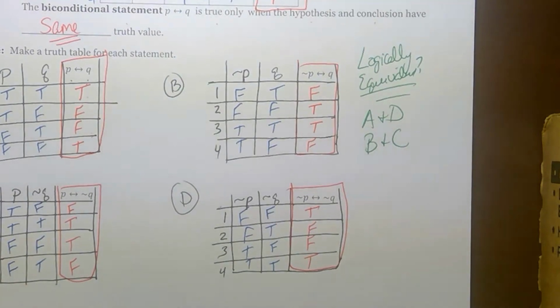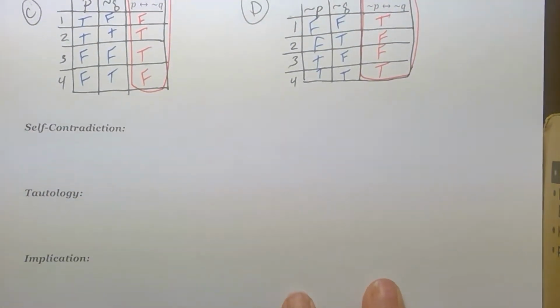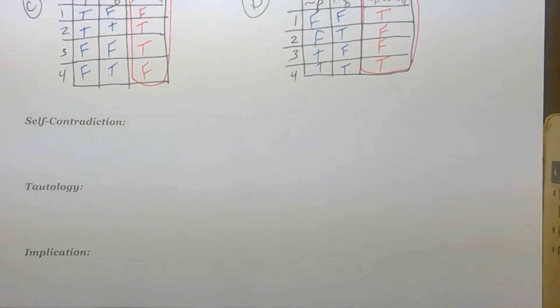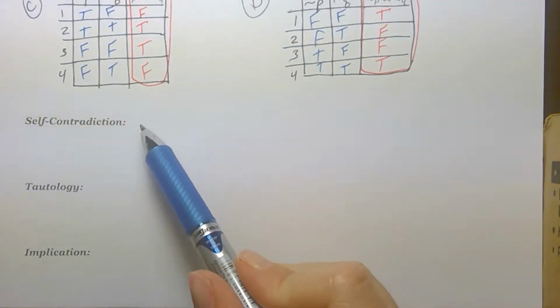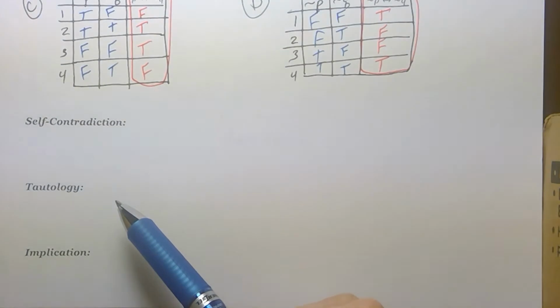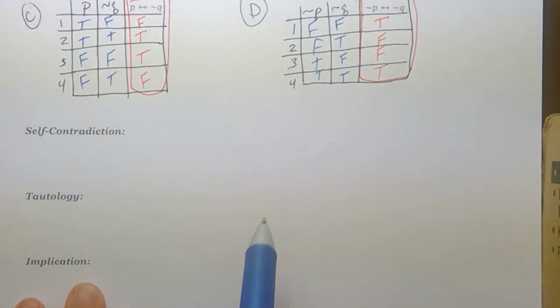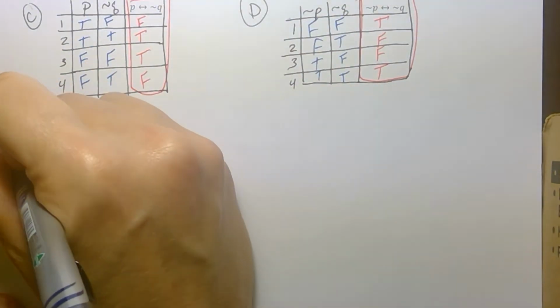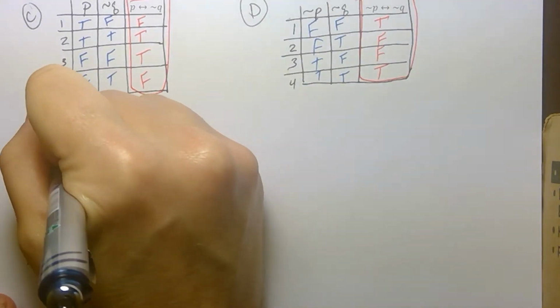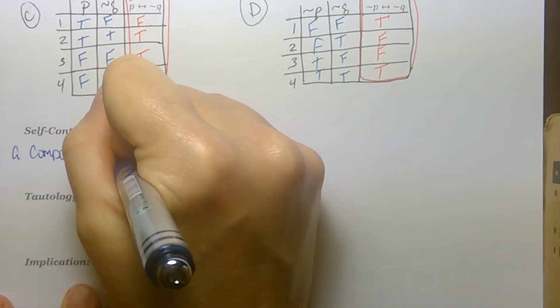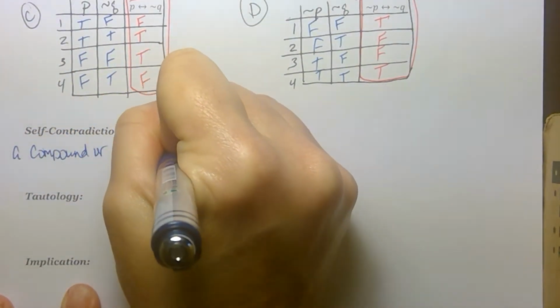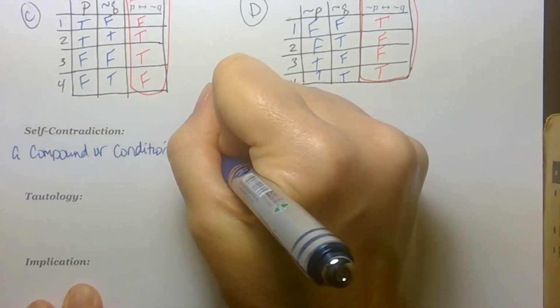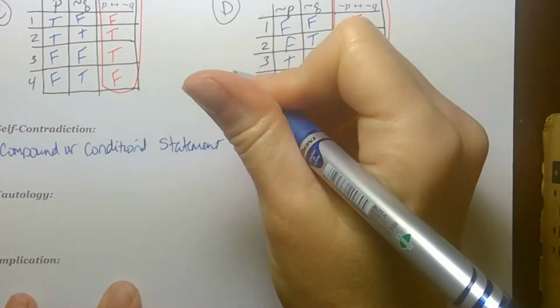Okay, let's talk about these 3 vocabulary terms at the bottom of the page. We have self-contradiction, tautology, and implication. We've already been introduced to self-contradiction and tautology. A self-contradiction is what we call a compound or conditional that is always false.